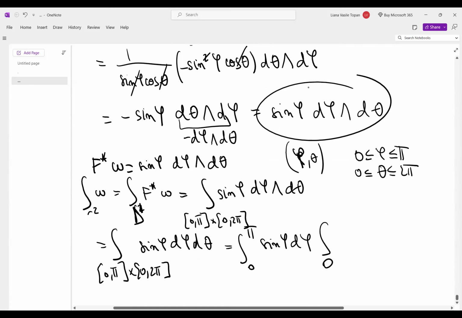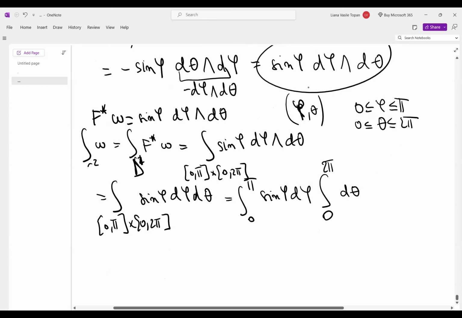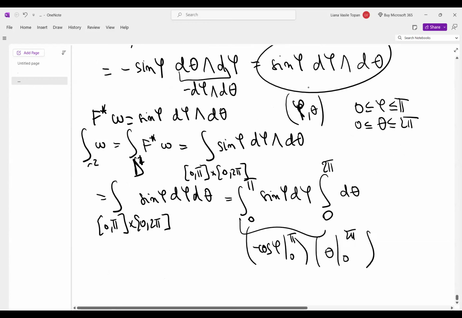Which means this is negative cosine of phi from 0 to pi, and this is theta from 0 to 2 pi. So that will be, so it's minus.